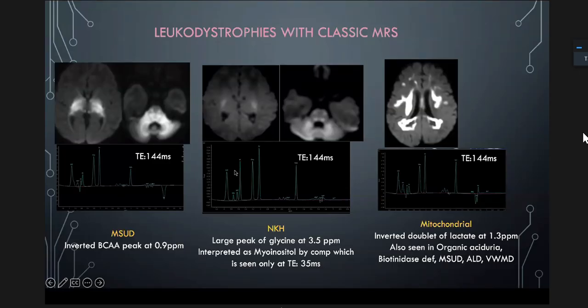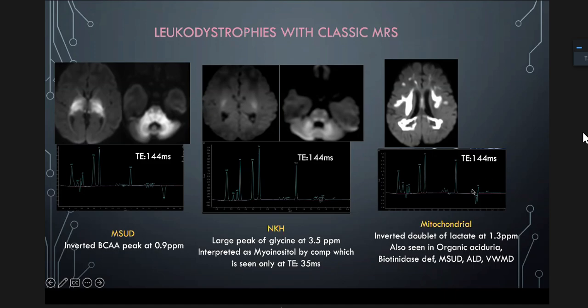What happens is the computer will interpret this peak as myoinositol. But myoinositol, as we know, is seen only at 35 milliseconds and not at 144. So any peak seen at 3.5 ppm in a suspected case of NKH will be a glycine peak.